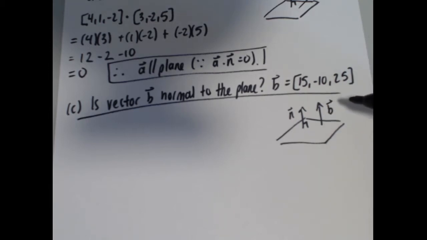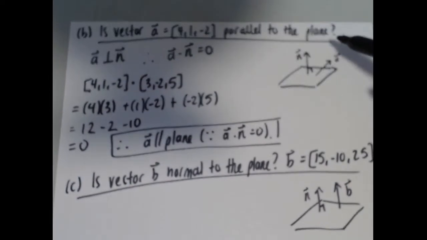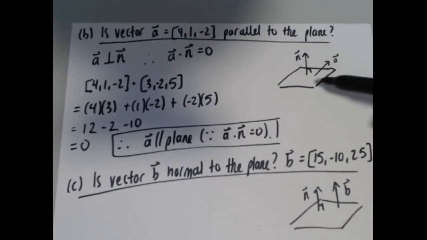Now, first thing I notice, if B is normal or perpendicular to the plane, well, if I knew a vector on the plane, I could just take the dot product of B with that vector and show that it equals 0. Now, for those of you thinking, well, I just showed in part B that A is parallel to the plane, so maybe I could take the dot product of B with A and show that it equals 0.